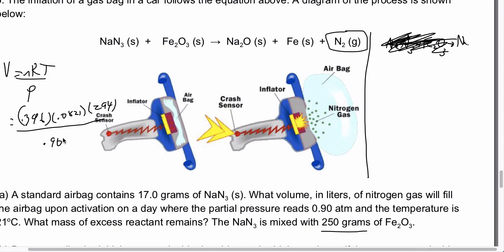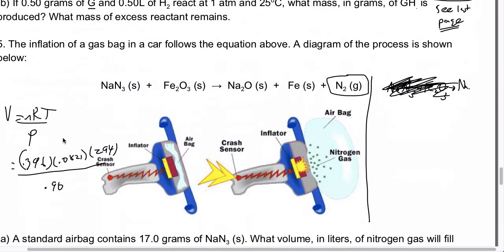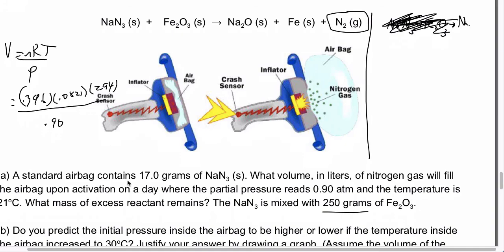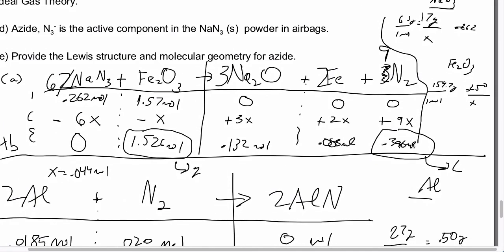So let's put that in our calculator. 0.396 times 0.0821, times 294, divided by 0.9, equals 10.6. That makes sense. But let's see how many sig figs we have. Something tells me there's 3, 2, 2. So I'm going to go with 11. So this is going to be 11 liters.